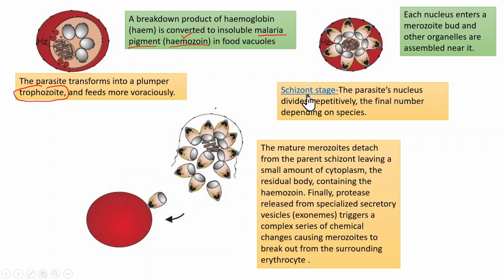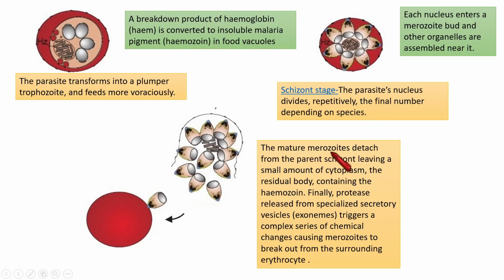Then it enters the next stage, the schizont stage. At this stage, the parasite's nucleus starts to divide repeatedly, and how many divisions it undergoes depends upon the species. After that division of the nucleus, each nucleus enters a merozoite bud and assembles all the required organelles inside it.